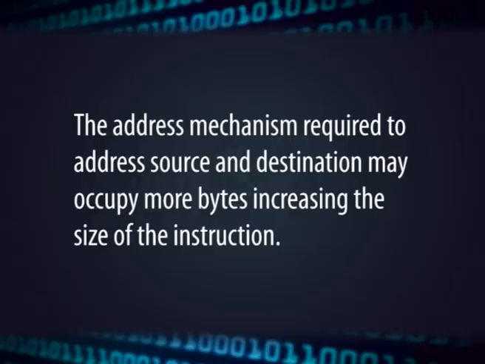The reason is that the address mechanism required to address source and destination may occupy more bytes, increasing the size of the instruction. Instead, move instructions are available to transfer the data from memory to internal registers and move them to the desired memory location. So, a single memory-to-memory operation is dealt with the help of two move instructions.